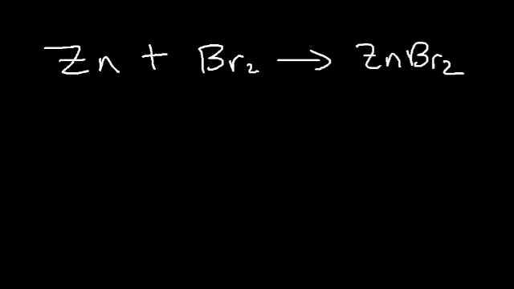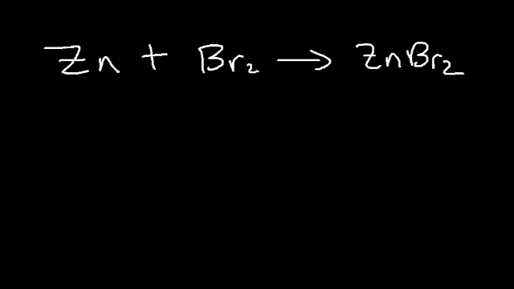So is this reaction a redox reaction? Notice that we have zinc as a pure element and zinc within a compound. So when you see that, a pure element on the left, compound on the right, or vice versa, it's a redox reaction. Now, which substance is oxidized and which substance is reduced? You need to look at something called oxidation states.